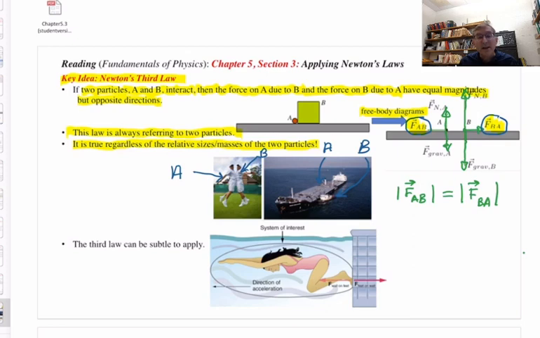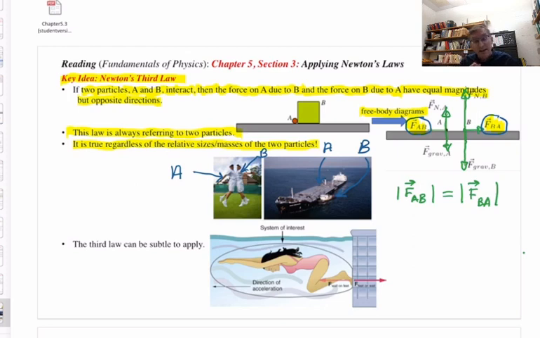The force on the tanker A due to B is going to be roughly to our left. And the force on the tug B due to the tanker A is going to be roughly to our right. And the third law says that those forces have equal magnitudes. Doesn't matter that one has a lot more mass than the other.